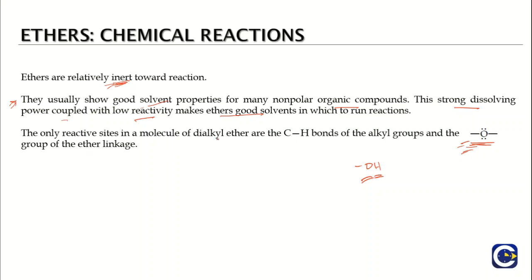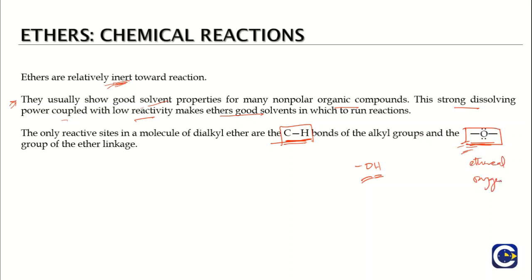We can consider two reaction sites present in ethers. One is the carbon-hydrogen bond in the alkyl group attached to the ether, and another is the oxygen, the ethereal oxygen.